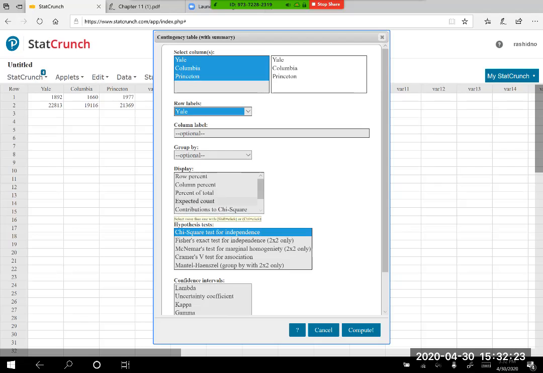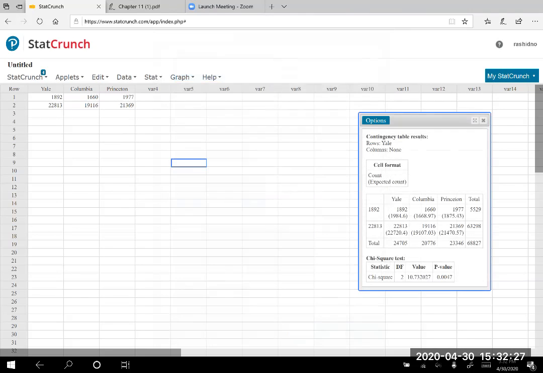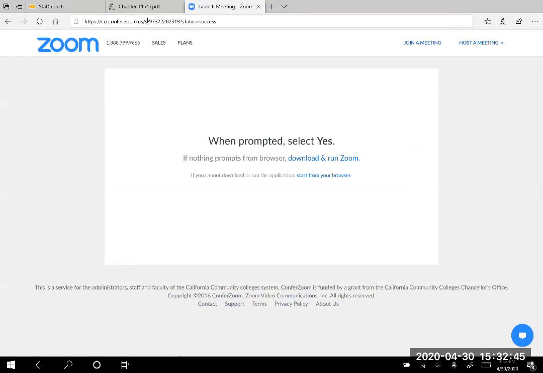And then if you want to see the expected count, you can click on expected count and then we click compute. So these are your data values. What's in the parentheses is the expected data. Degrees of freedom is 2. Your chi-square value is 10.7320. P-value is 0.0047.